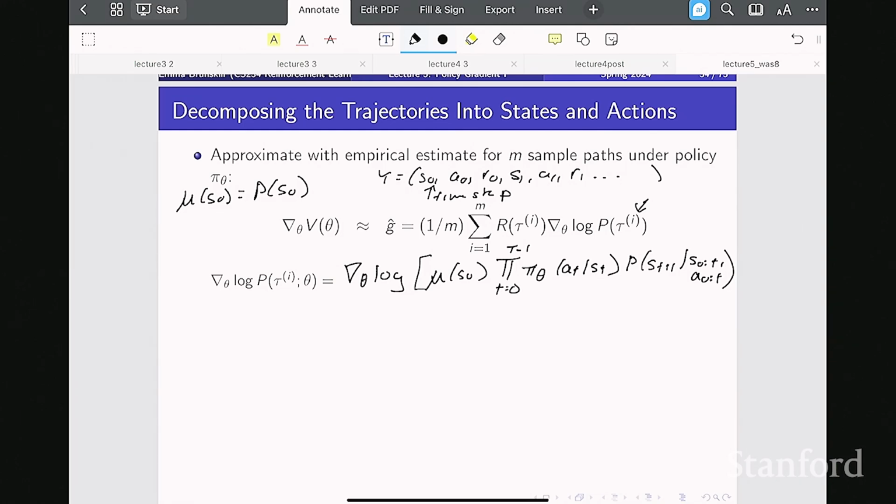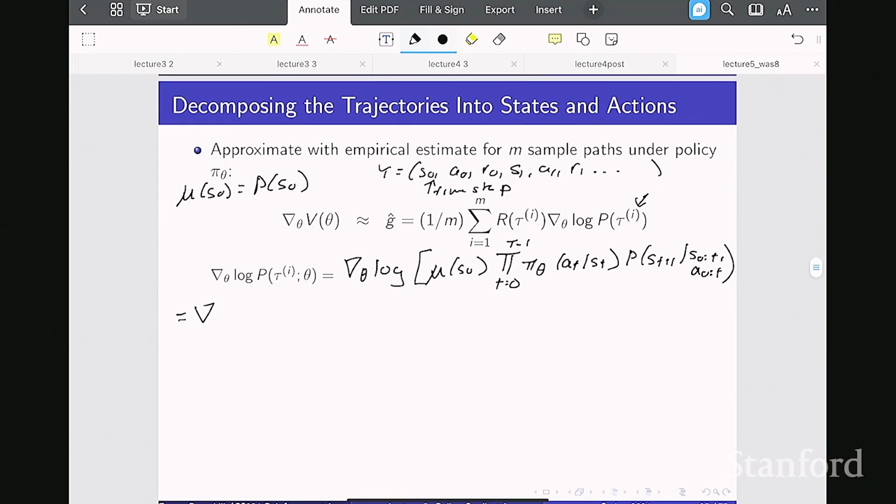Okay. And now what I can do is use the fact that log of a times b is equal to log of a plus log of b. So I'm just going to decompose all these terms. Okay, so I'm not applying my gradient yet. But I'm just going to have log of mu of s0 plus sum over t equals 0 to T minus 1, plus sum over t equals 0 to T minus 1.